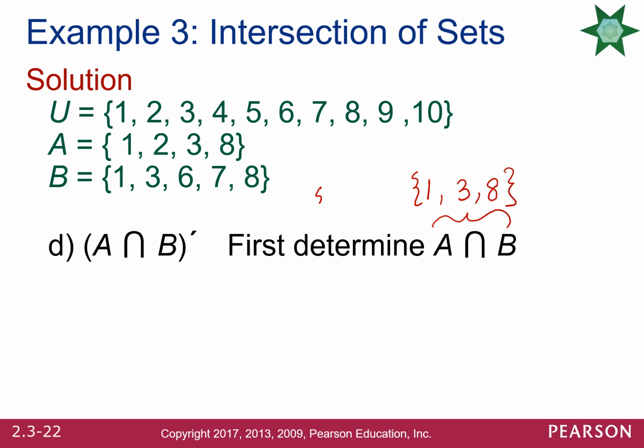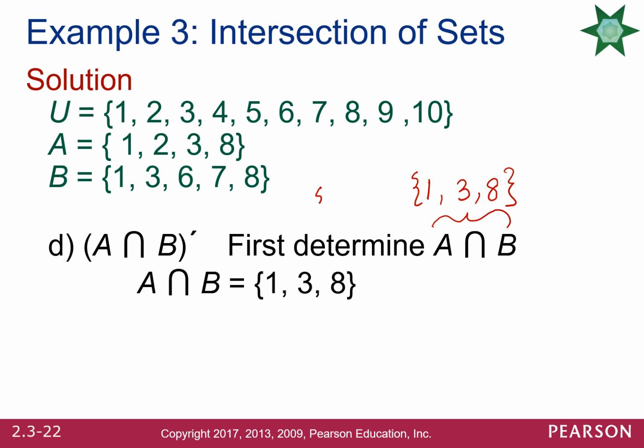So once we have A intersection B, we have to use those elements and look at the set of universe values and pick the values which are not 1, 3, and 8 from the set of universe. All right, so that's what they have done here.